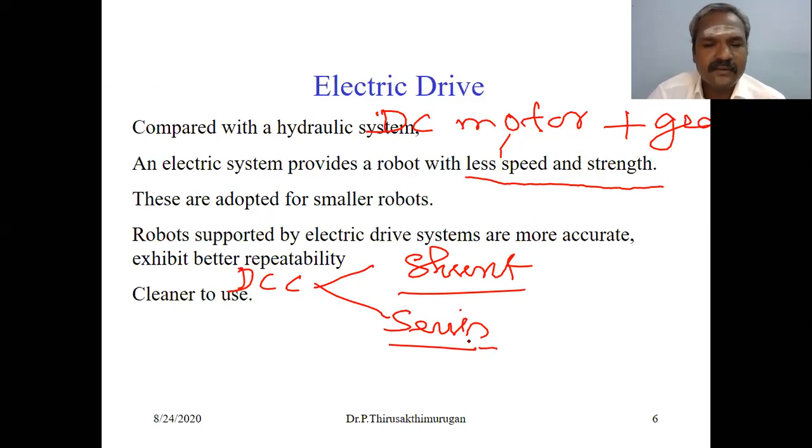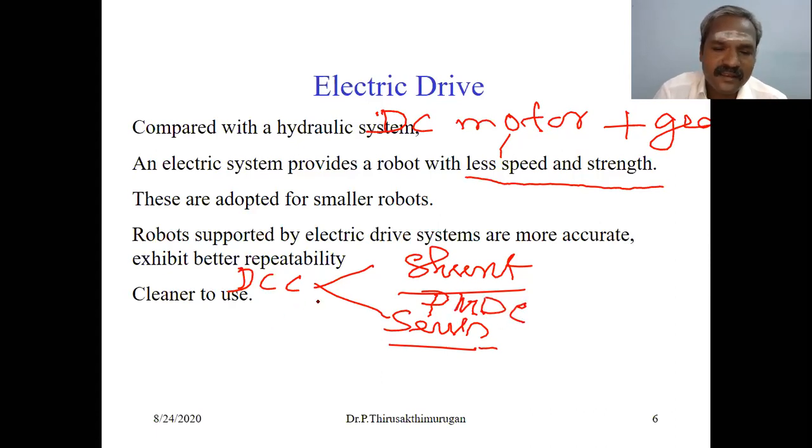Okay. So then another type of motor is this. Actually, the DC shunt and series motors are not permanent magnet DC motors.